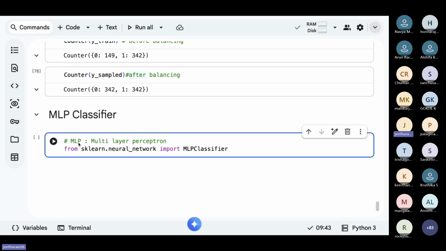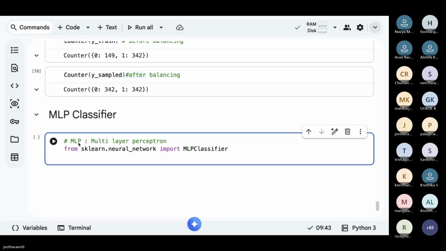You can use the same thing for regression as well if you have regression data. I'm showing only classification, so people can try to implement it for regression data. And then you have to initialize your model: model equals MLPClassifier.